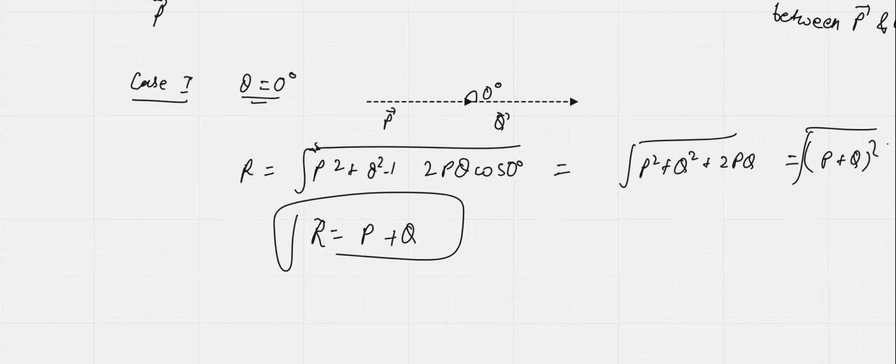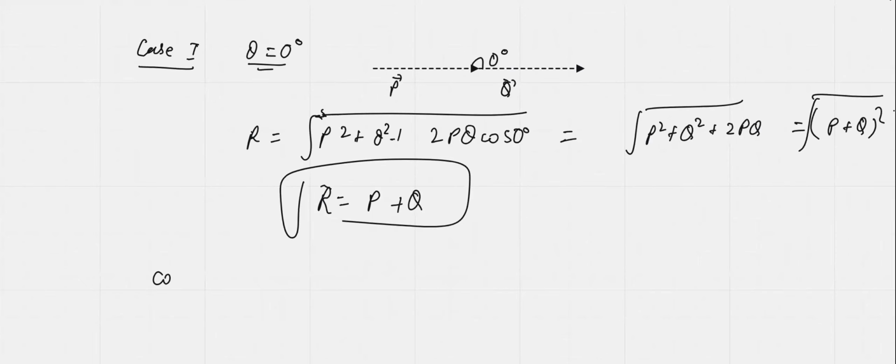Okay. So the next case is, look, I don't think I should discuss all these cases, because cases are generally made of three angles: 0, 180, 90 degrees. So let's do 180 degrees. If they are at 180 degrees, what does this mean?